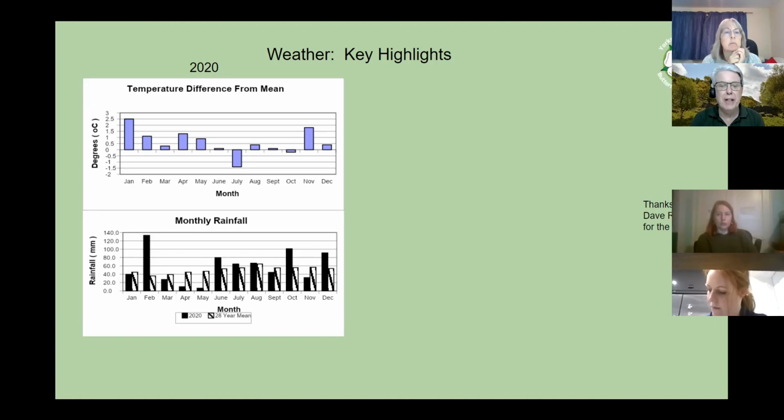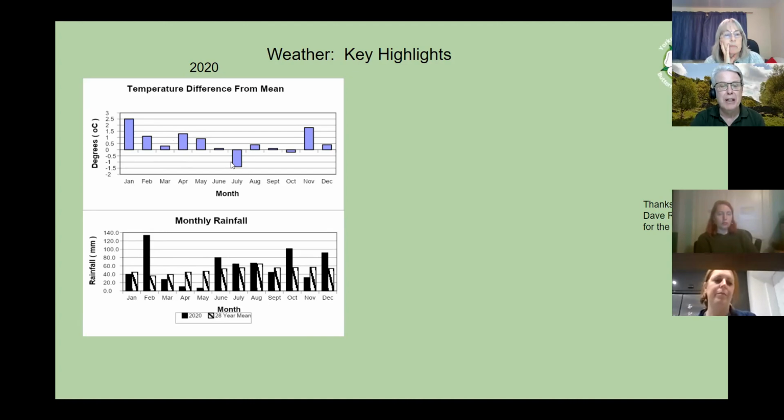So in terms of last year, 2020, when the pandemic started, it was a very mild winter, extremely mild winter, extremely wet in February. But then you probably remember, as soon as the pandemic struck, the sun came out, we had some very warm months.